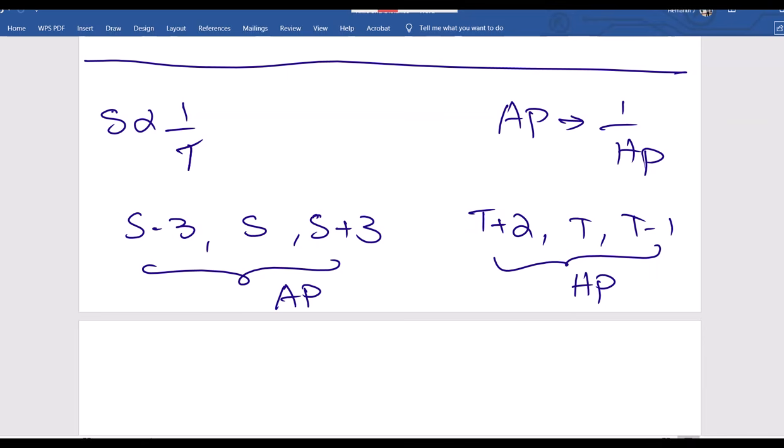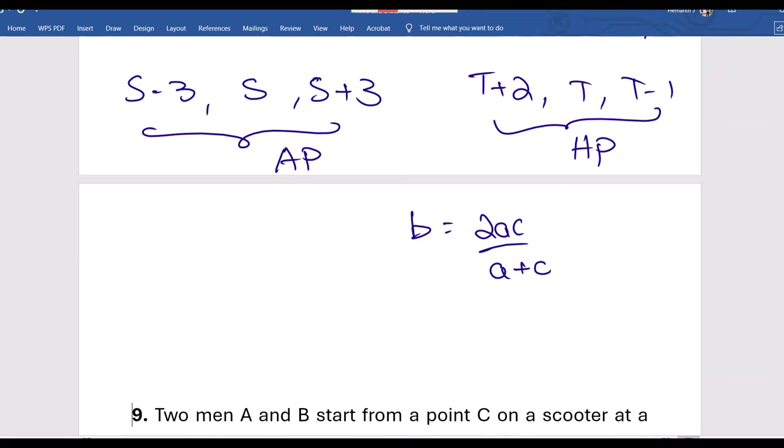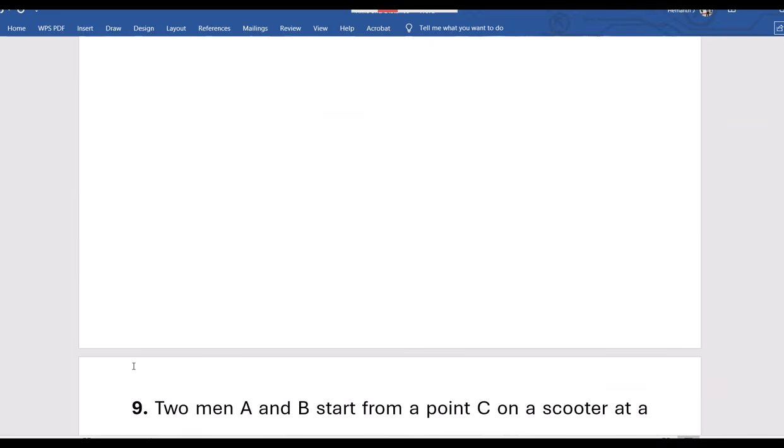As per HP, at least you should help me: if A, B, C are in HP, then B equals 2AC divided by A plus C. Do you know that concept at least? Or else that proof also I'll give you, don't worry. If A, B, C are in HP, B equals 2AC divided by A plus C will come.